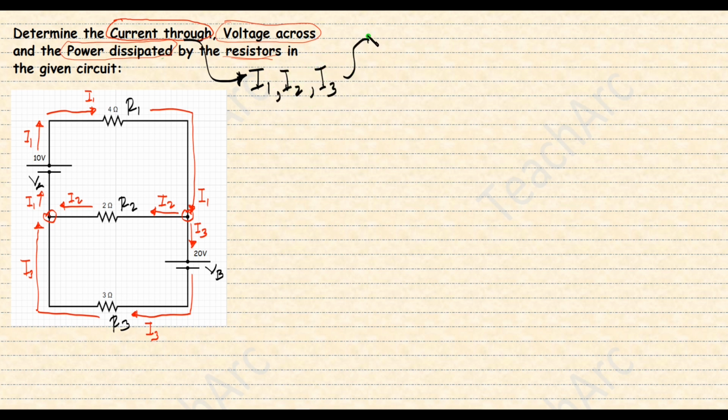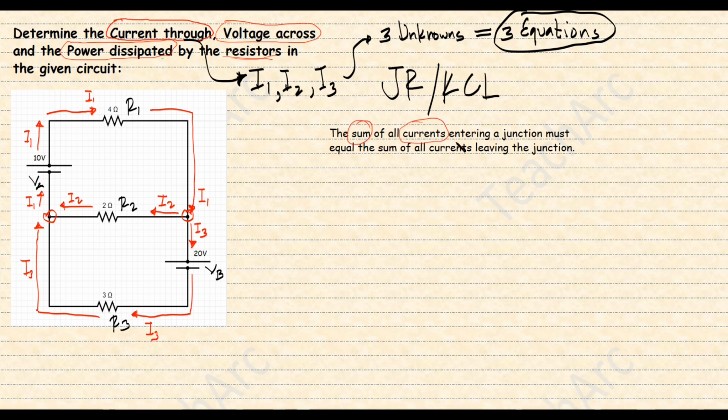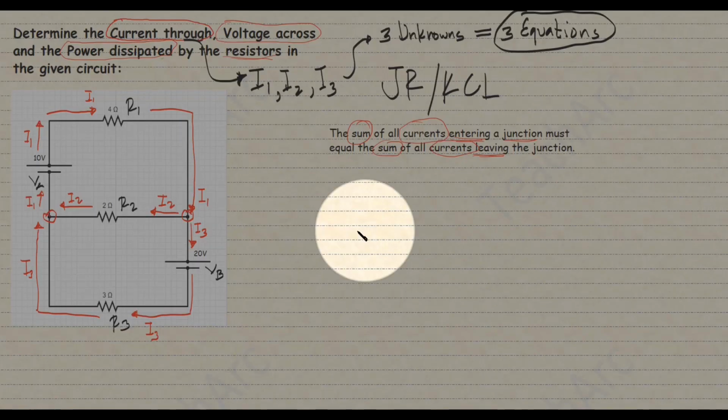The rule of thumb here is that if you have 3 unknowns, then you need 3 equations. The first equation will come from the junction rule, or Kirchhoff's current law, or KCL. Accordingly, the sum of all currents entering a junction must equal the sum of all the currents leaving the junction.